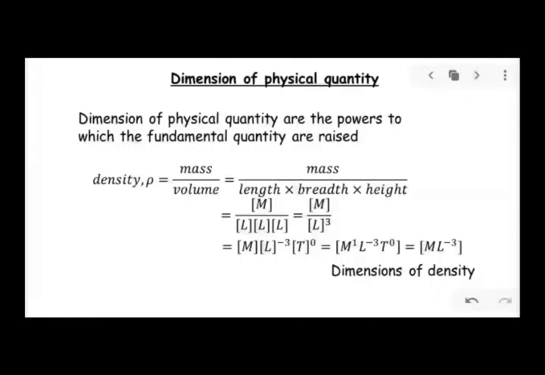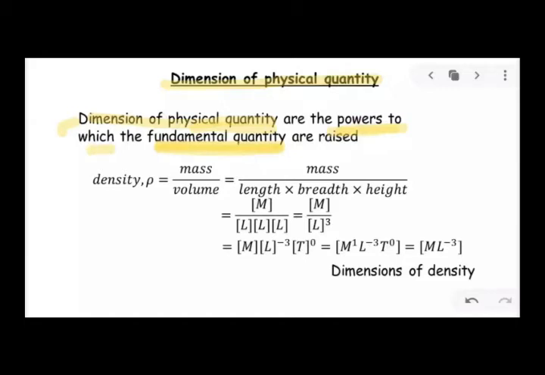Fine. Next we will discuss the dimensions of a physical quantity. The dimensions of a physical quantity are the representation of the physical quantity in terms of fundamental quantities which are raised to some power. Fine.